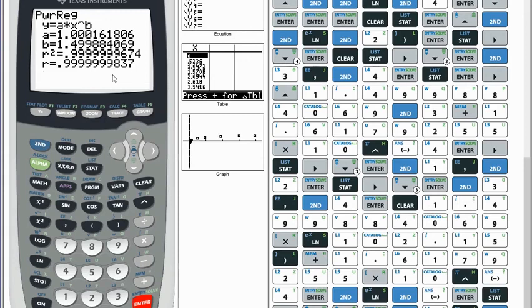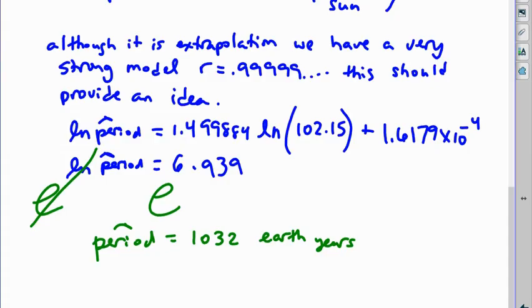That R value is for the linear regression of the natural log versus natural log equation, and it shows how strong the fit was. It also gives you the A value and the B value, which you put in this equation. The problem is that this does not help you solve for the linear model and look at the residual plot, if that's what the problem is asking for.